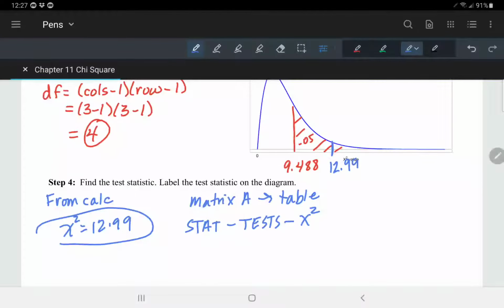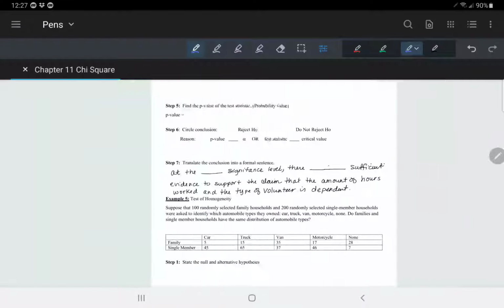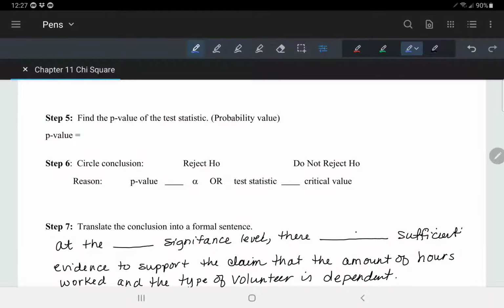Now, clearly this is inside of the rejection region, so even without knowing the p-value, we see that we are going to reject H sub 0. But on that same screen where our calculator calculated chi-squared, we saw that the p-value is 0.0113.